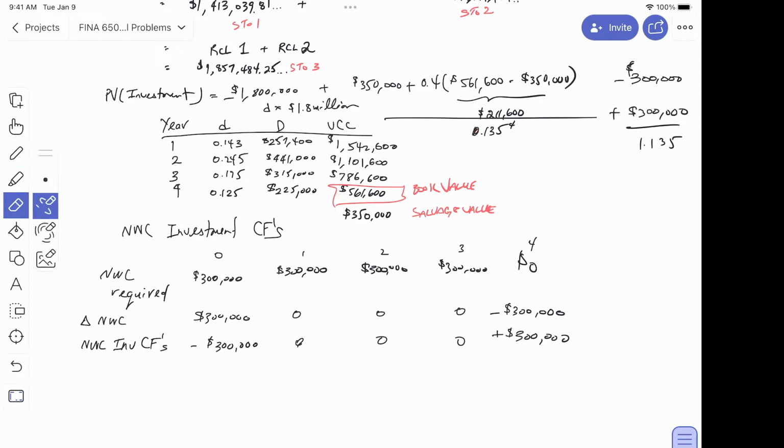I just realized that has to be 1.135 to the 4. Is that confusing? So it's just the 3 parts: the investment, the salvage value, and then the net working capital investment cash flows in present value terms. All right, so what do you get for all of that?